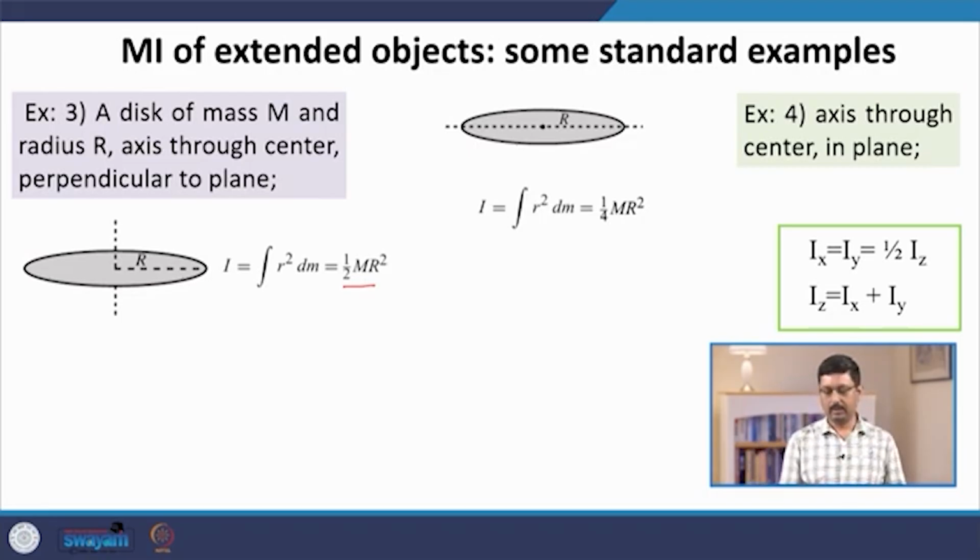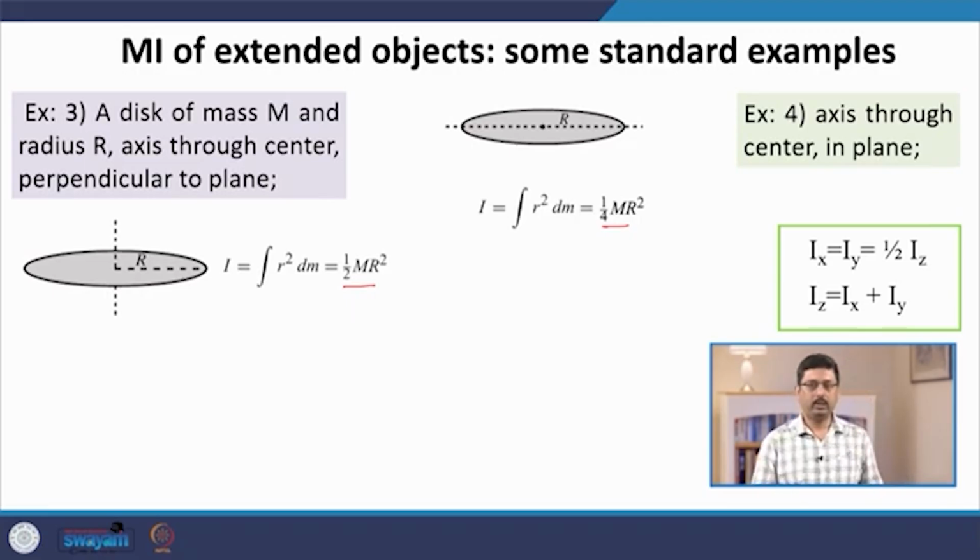You can also calculate the moment of inertia about an in-plane axis, let us say x and y axis, and then you get 1 by 4 mr square. So, you can also apply the perpendicular axis theorem to arrive at this result.